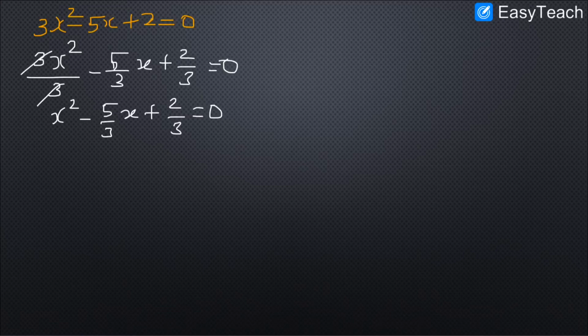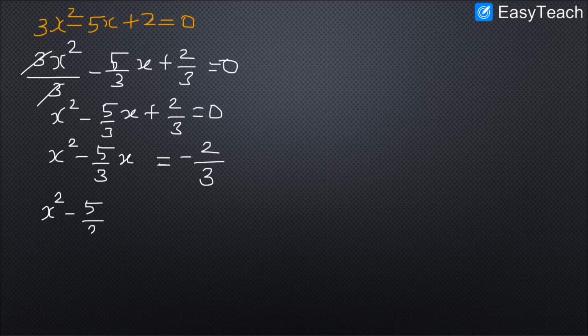So what did we do in the perfect square? x square minus 5 by 3x equals, I am going to bring the constant term to the other side, so minus 2 by 3. In the next step, what we used to do, we just find the half of this value and make it square.